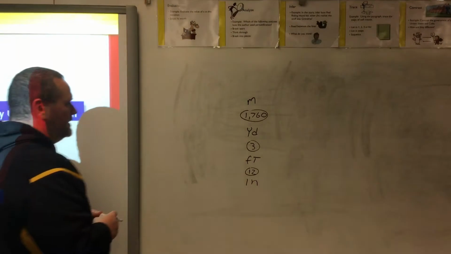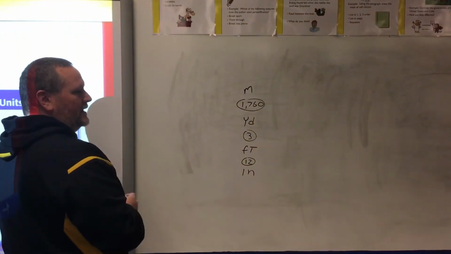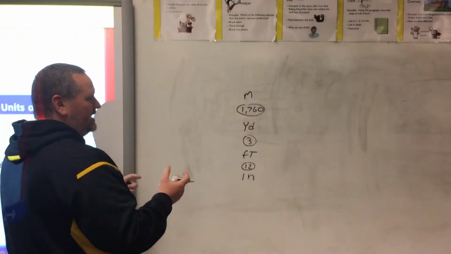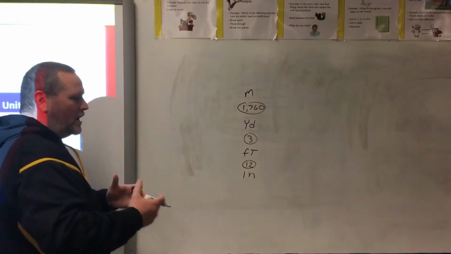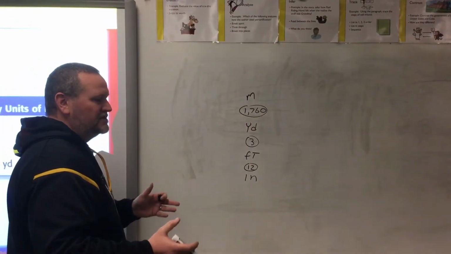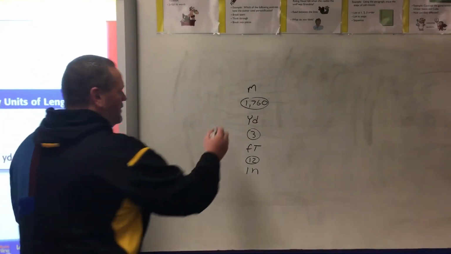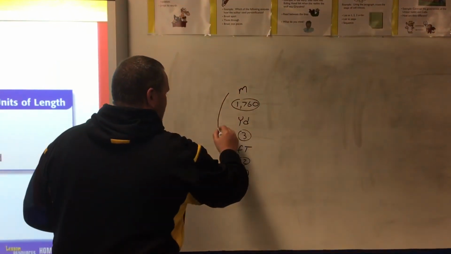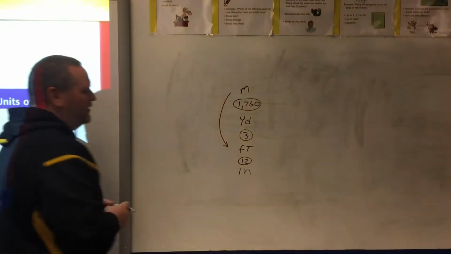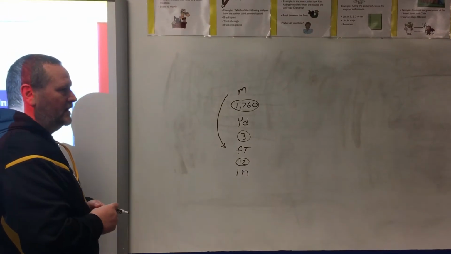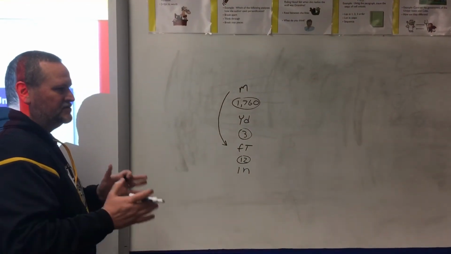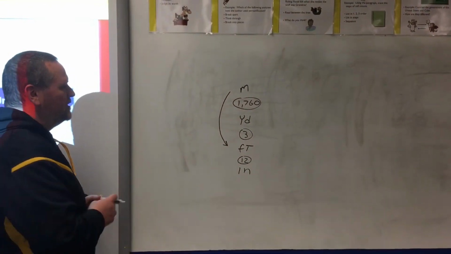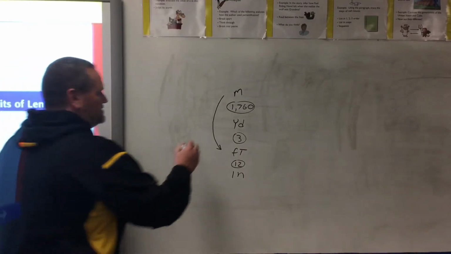The other thing I like to point out to kids is as you are measuring, what you are measuring doesn't change, just the unit that you're using. So as you're going from a larger unit and converting it into a smaller one, the distance didn't change, just the tool you're using, so your measurement is going to get bigger.